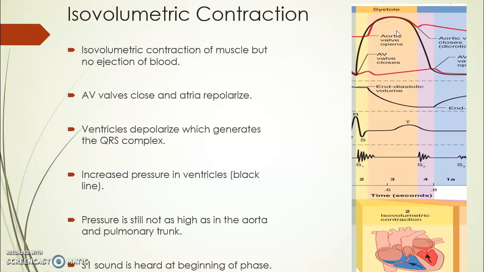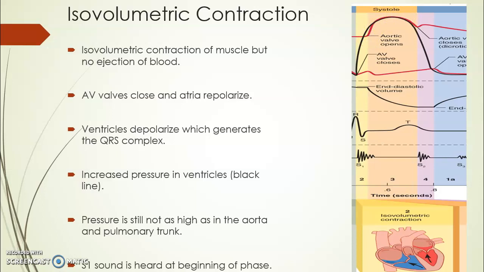But remember, the blood is going to flow out towards the body from the left ventricle, right? So the pressure in the heart is going to be the highest at the systolic contraction, or that systole of the left ventricle, because it now has to overcome the amount of pressure that's in the aorta.